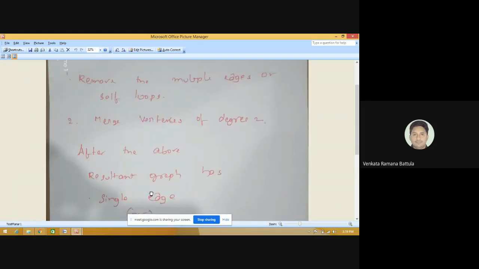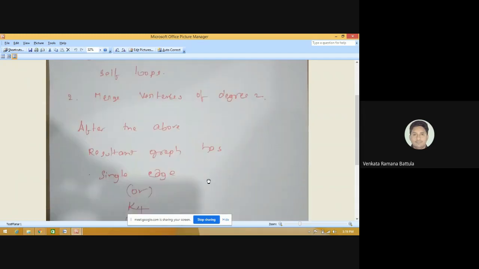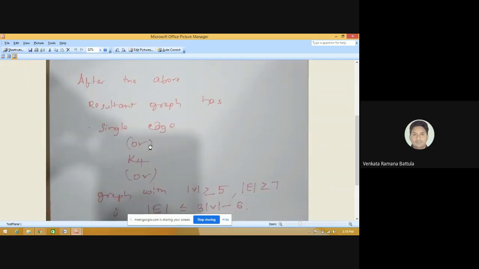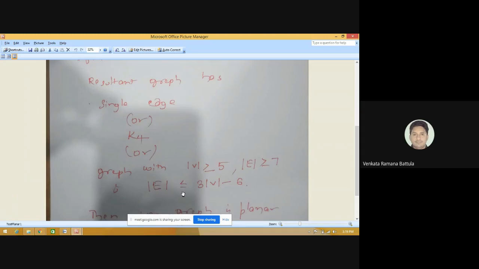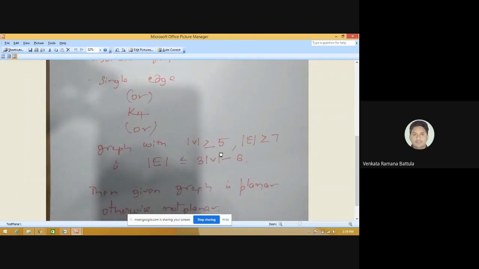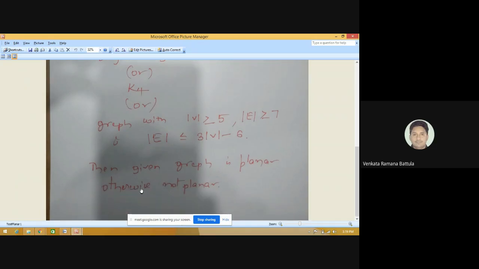Let me recollect once again. First, we need to remove the multiple edges and any self loops, and then merge the vertices of degree 2. Then if the resultant graph contains either a single edge or K4, or satisfies E less than or equal to 3V minus 6 after we substitute the values of vertices and edges, then the given graph is planar.